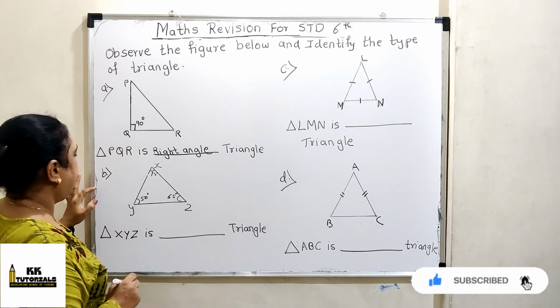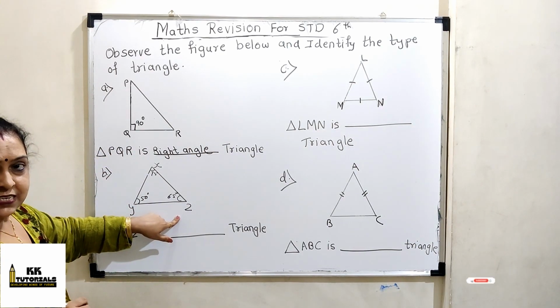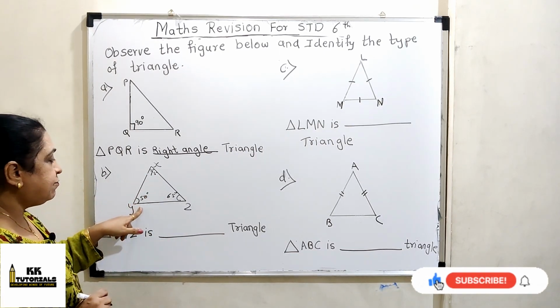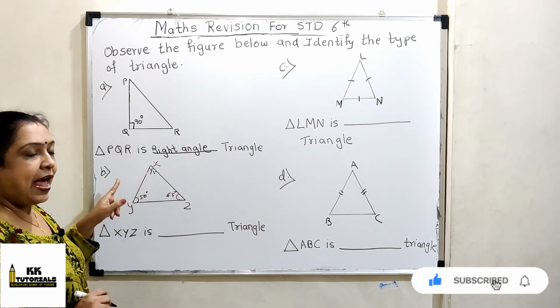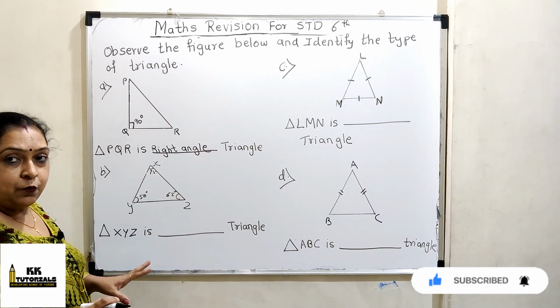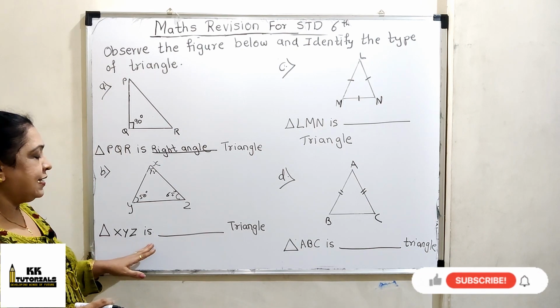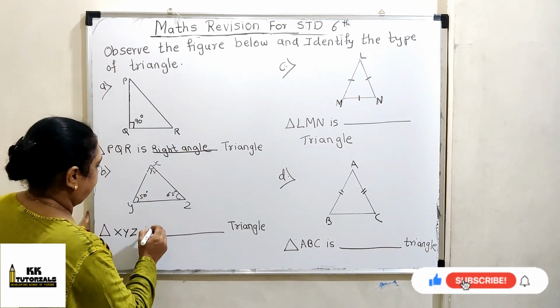Now, B. See over here. X, Y, Z. This is a triangle. Here it's 75 degree. Here it is 50 degree. And here it is 65 degree. All the angles are of different measurement. They are not equal. Okay? So, triangle XYZ is a scalene triangle.